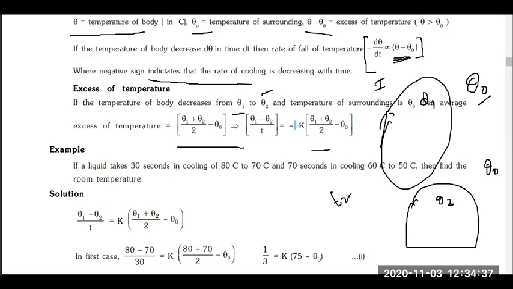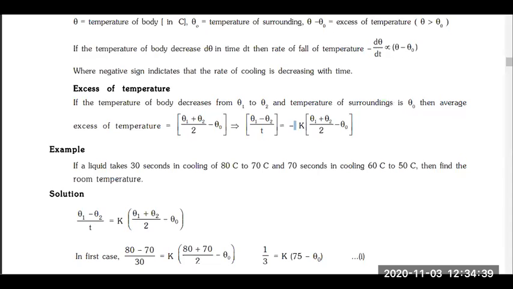So I want to find what is the average change in temperature? Think about it. See, theta 1 plus theta 2 by 2 will be for the object.